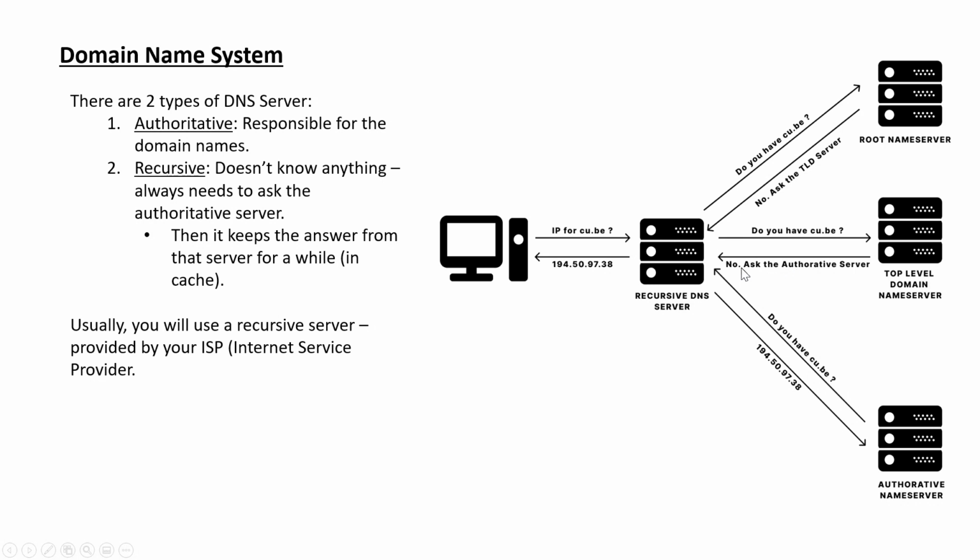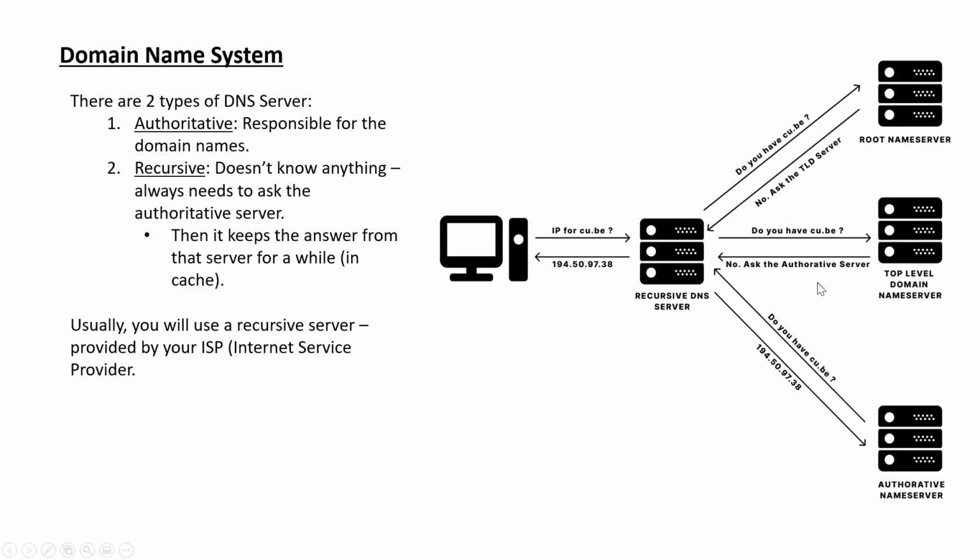At this point, the recursive DNS server will go to the authoritative name server, which definitely has the data it needs, because this is the last point of call and this is where all the data resides. Then it will respond, yes, I do, and here is the IP address for that domain, and that will be fed back through to the client.